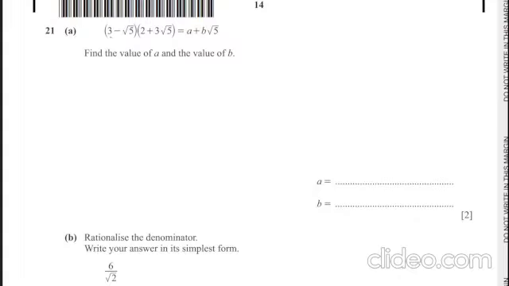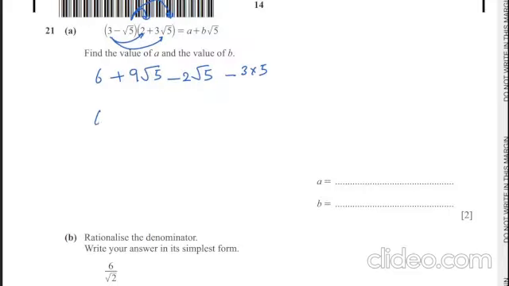So 3 times 2 is 6. 3 times 3 root 5 will be 9 root 5. Minus 5 root times 2 is minus 2 root 5, and minus root 5 times this will be minus 3 times 5, because root 5 times root 5 becomes 5.